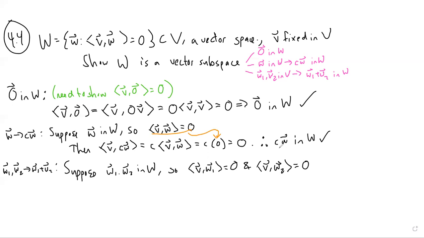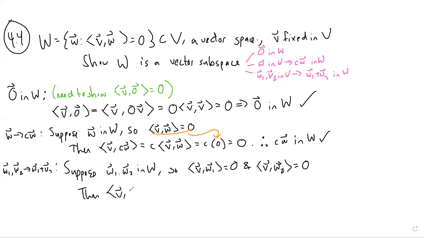And so I need to show that their sum is in the space W, which means that the inner product of V with W1 plus W2 is also going to be 0. We're just going to use these nice properties we have of inner products.